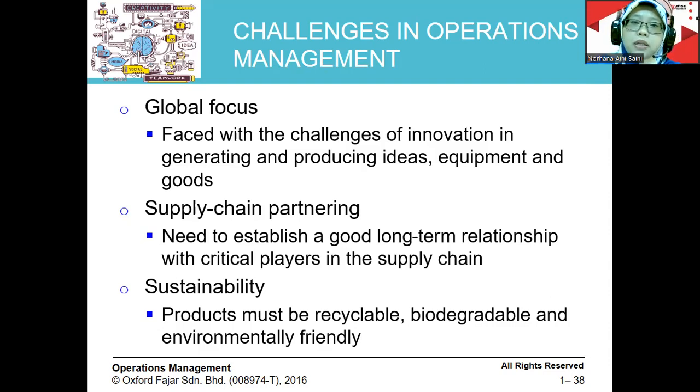If you cannot produce a green product, definitely the customers will run away, because they believe that the business must contribute back to society and to the environment. So make sure the product is sustainable.